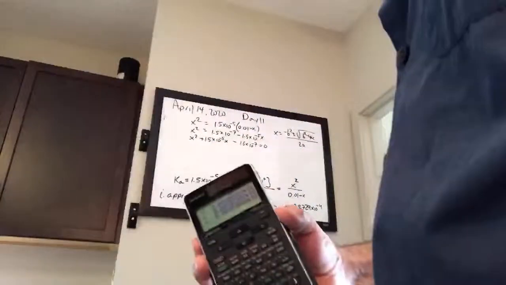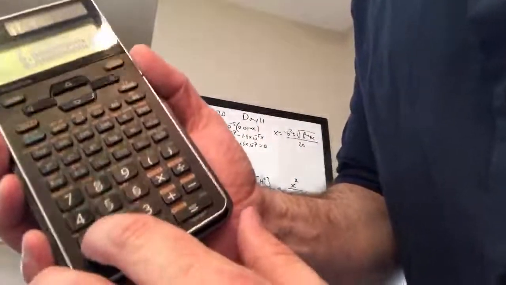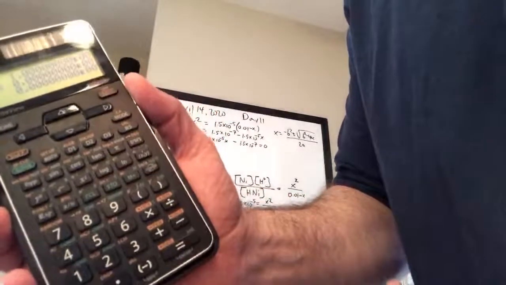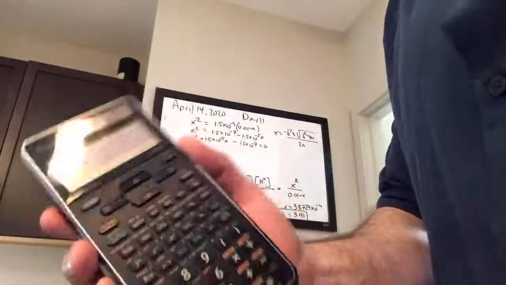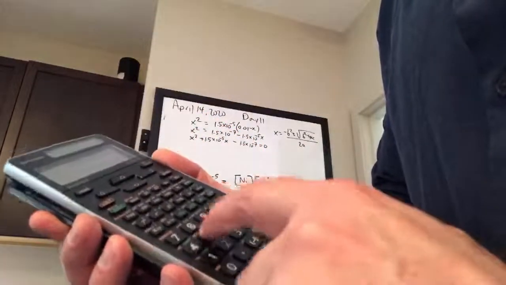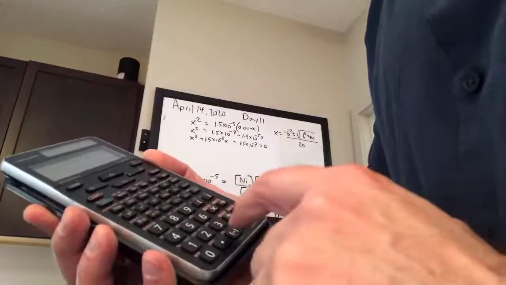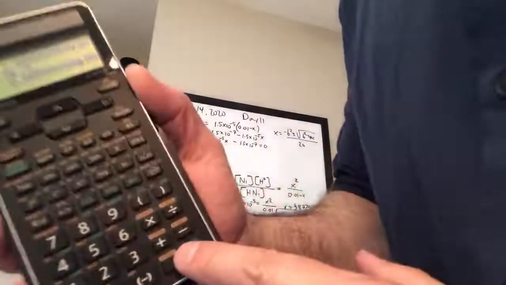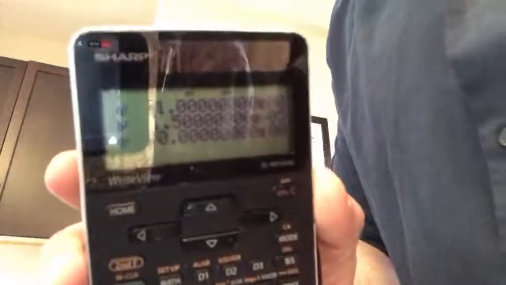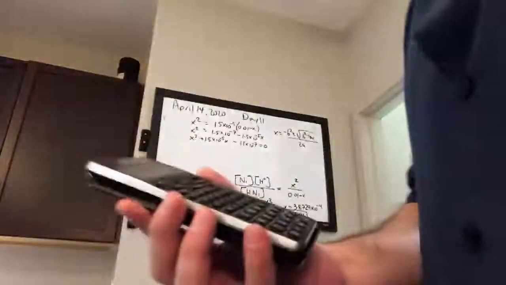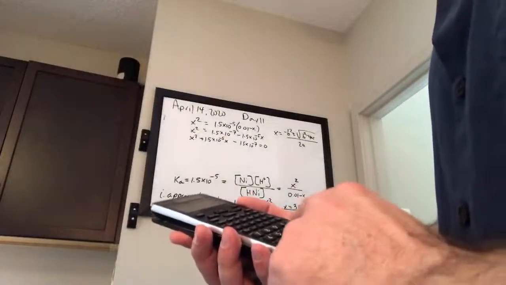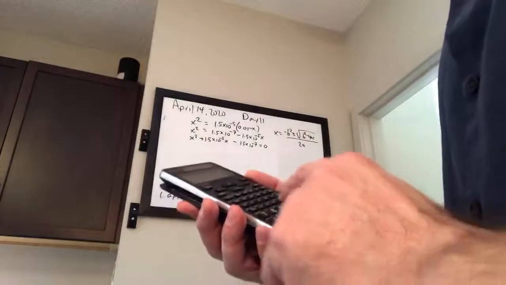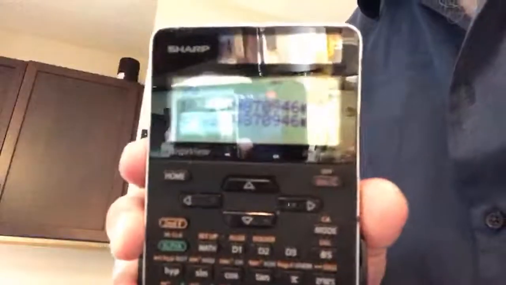The first value is 1, so enter 1, and then enter. Then the flashing cursor goes to B, and the value of B is 1.5 exponent negative 5. Enter. Now the flashing cursor goes to the third position, and you get negative 1.5 exponent negative 7. Enter. And it gives you two values.